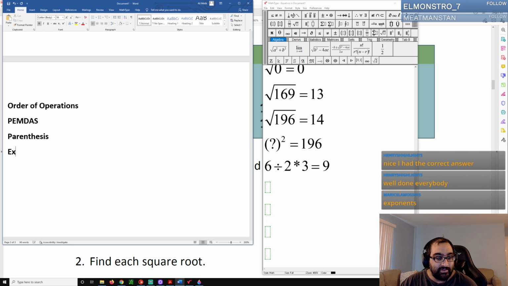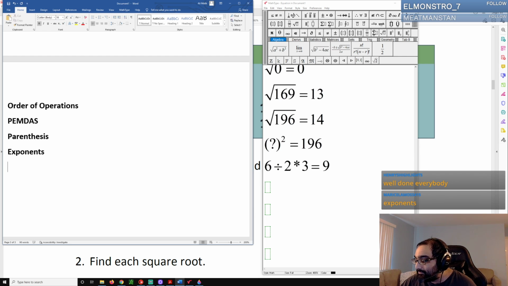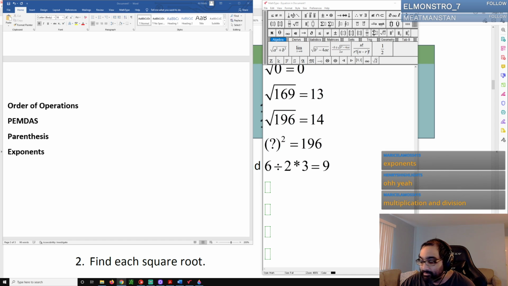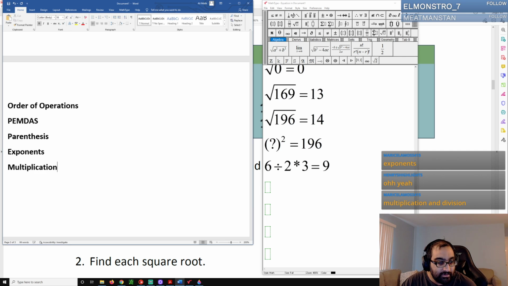Yeah, exponents, that's right. How about M and D? Multiplication, division. I'm going to write this in a very particular way. And then finally we have addition, subtraction.